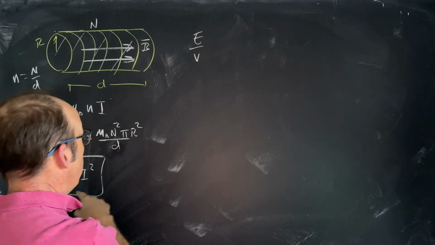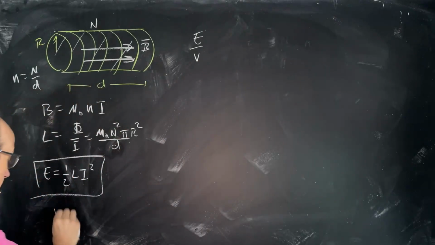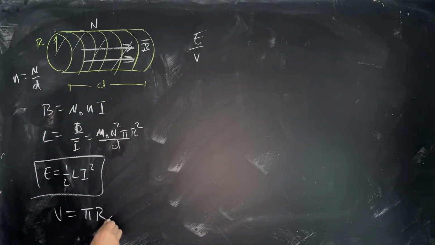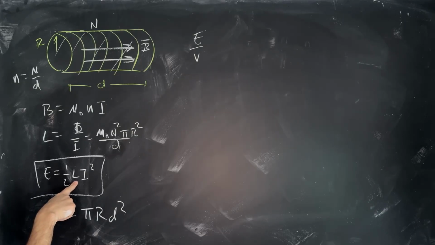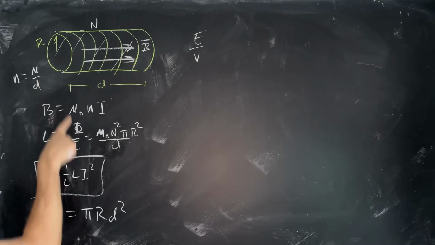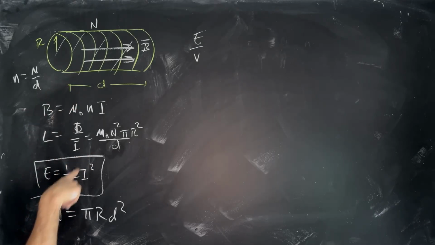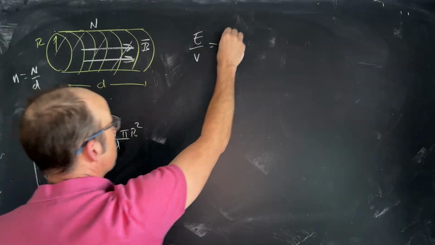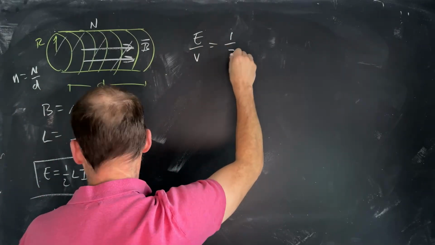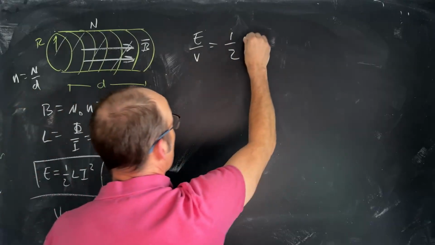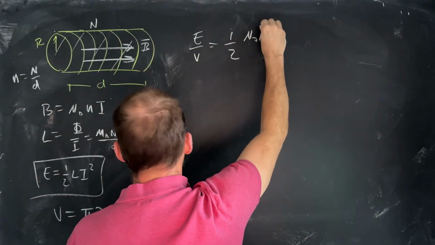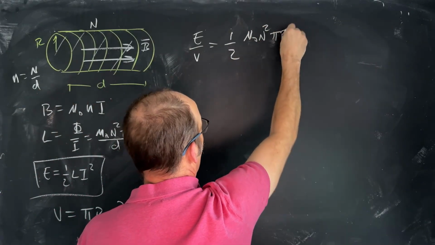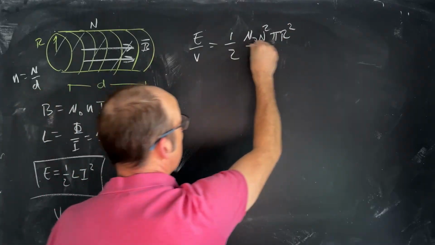Well, I know the energy, and I know the volume is going to be pi r squared d. So let's get expressions for L in the inductor, which we did before. If I do that, I get energy per volume is 1/2 L. L is this, mu naught n squared pi r squared over d.